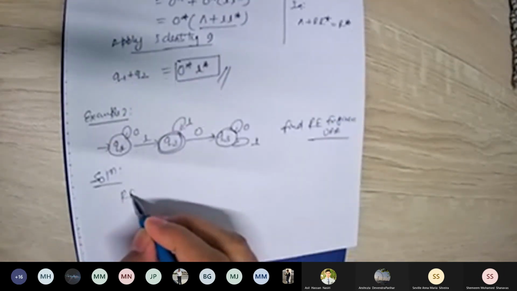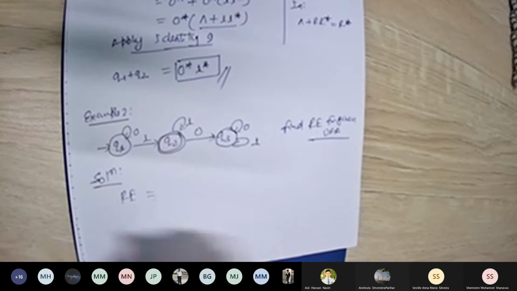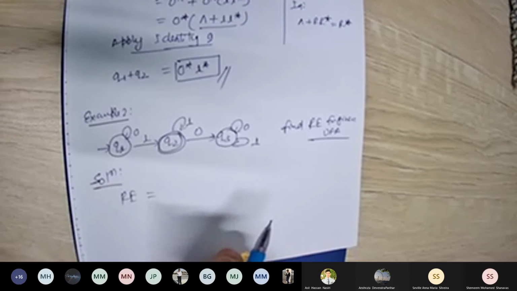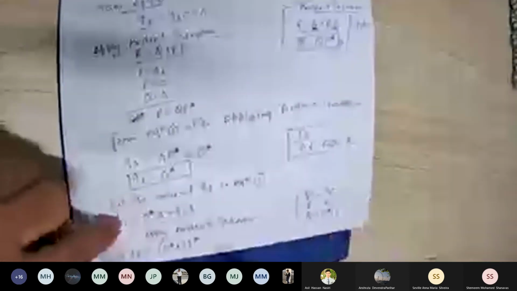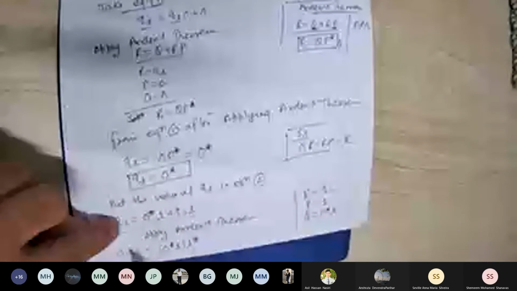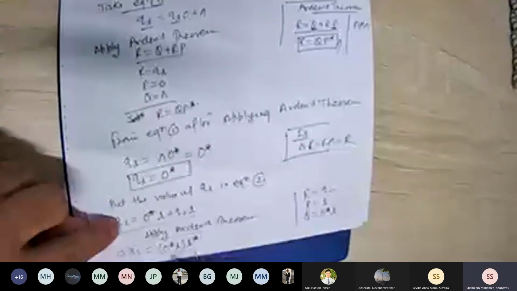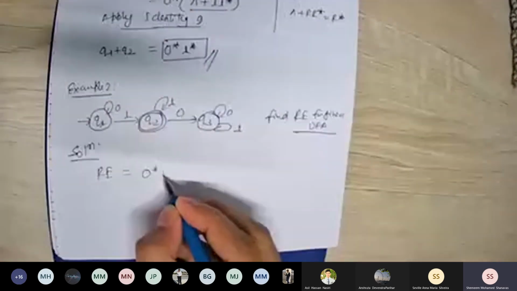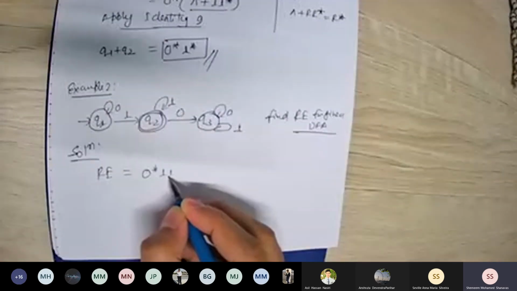What will be the regular expression? Whatever value you got for Q2. What was the value for Q2? 0 star 1 1 star 0 star 1 1 star.